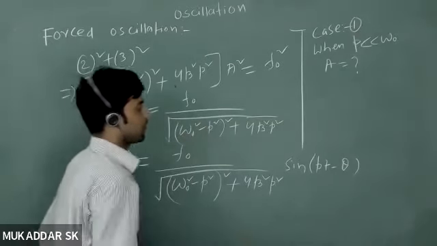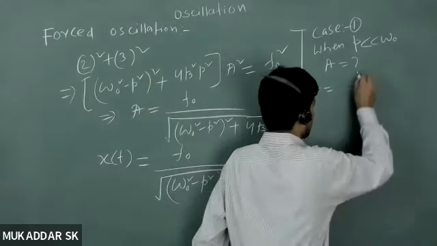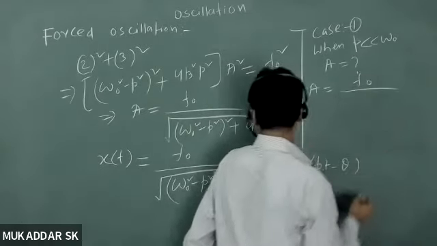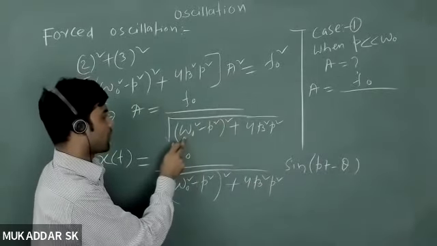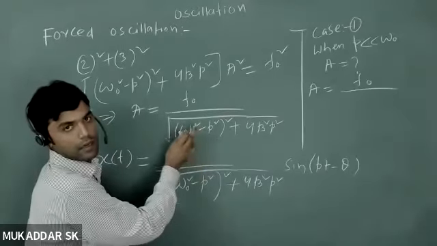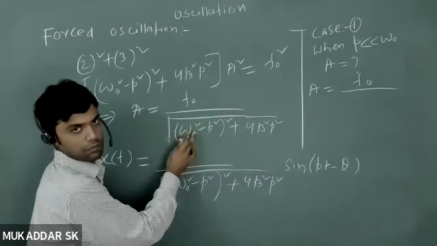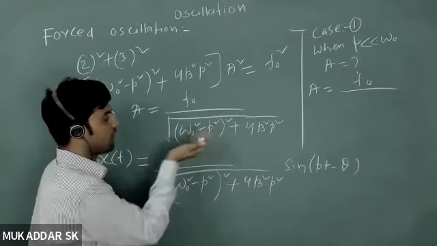So when p is small, what can I write? A will be f naught divided by... if p is much smaller as compared to this term, let us assume p is of the order of 10 to the power minus 7 and omega is of the order of 10 to the power 3. So I can clearly neglect this term. It will not affect anything.